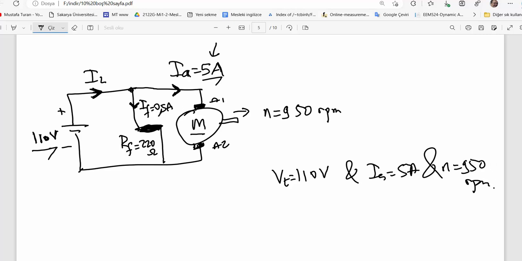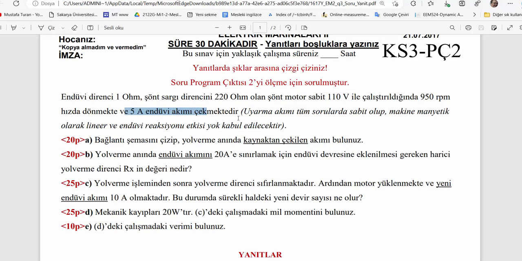Houston, everything looks clear. And field current is constant during all operations. Okay. The machine is magnetically linear and there is no armature reaction effect.